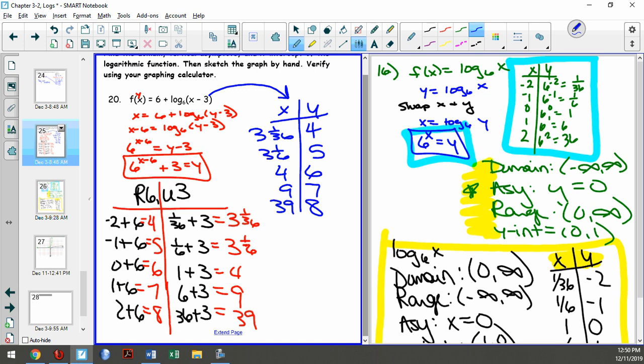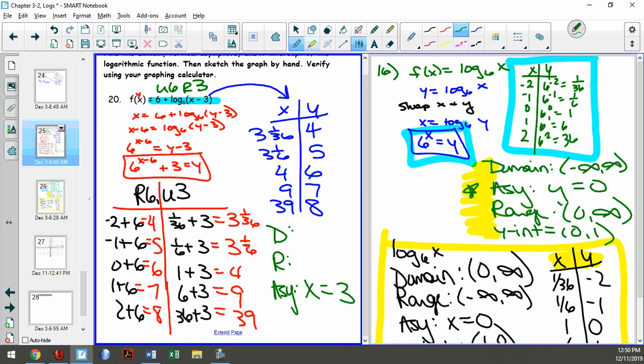Okay? Which means, if you think about this part right here, what did we physically do to this function? We went to the right 3 and we went up 6. Isn't that funny how it's the opposite for our exponentials? Do we get that? Which means my domain, my range, my asymptote is now going to be at x equals 3.